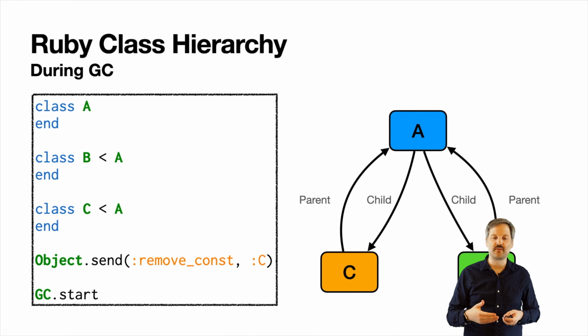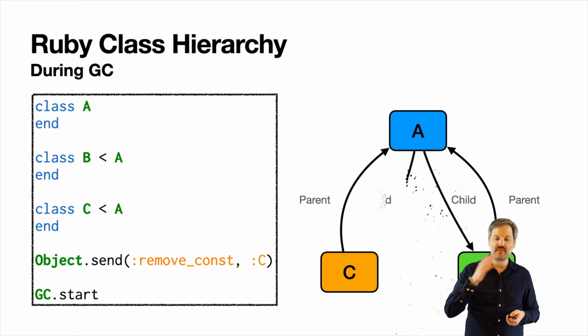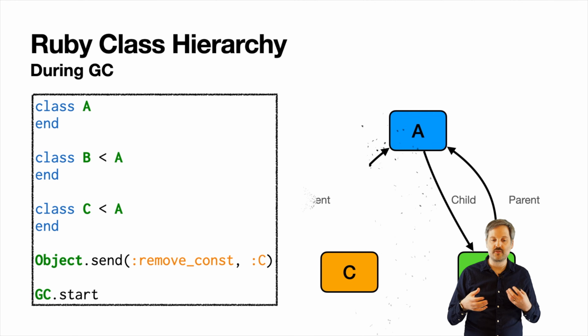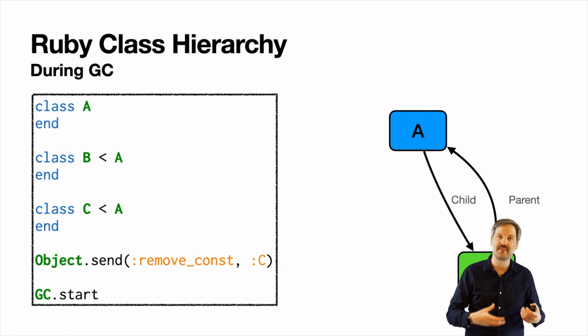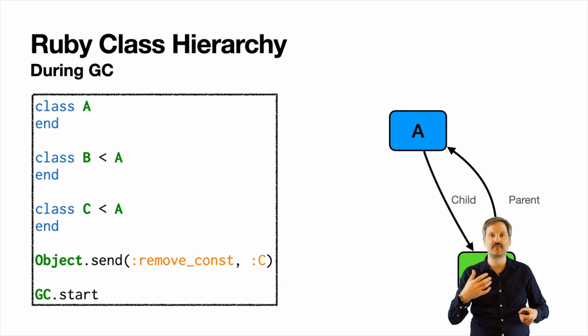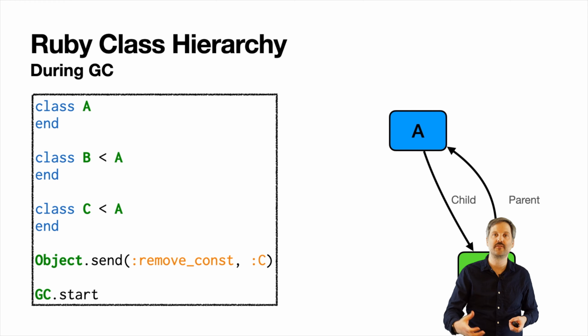If class C gets deleted, when the GC frees class C, C must be removed from A. Then C can be freed itself. This means that during the GC sweep phase, the class C must access class A and say, hey, I need to remove myself from your list of descendants.